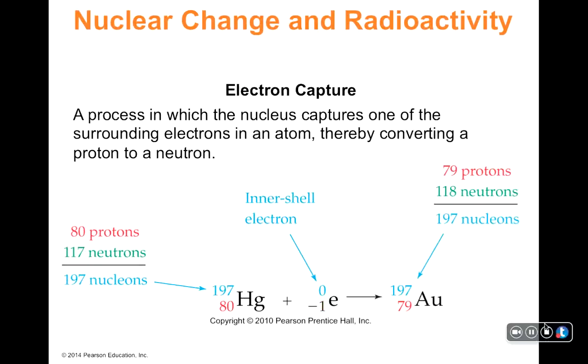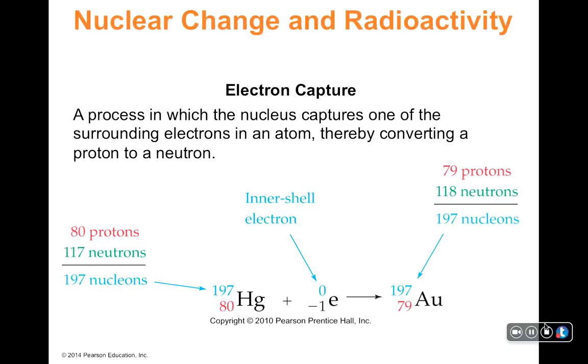The last one here is called an electron capture. Notice the name is different: capture. And if you look at that reaction, you'll notice that the electron is on the left-hand side of the arrow. This is the only example of a nuclear reaction where we see something on the left-hand side of the arrow besides the beginning isotope.